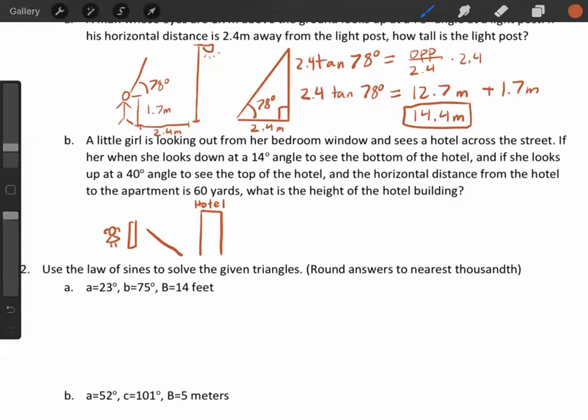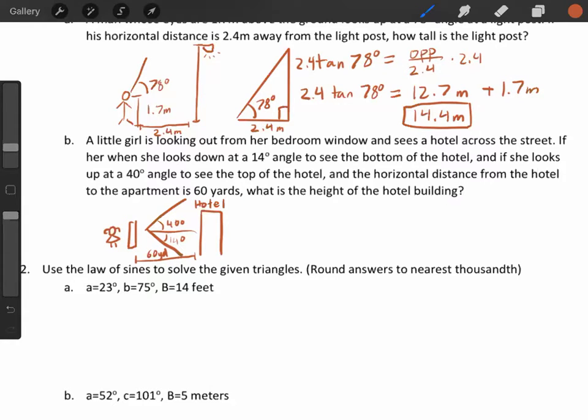She looks up at a 40-degree angle to look at the top of the hotel. If the horizontal distance is 60 yards, how tall is the building?